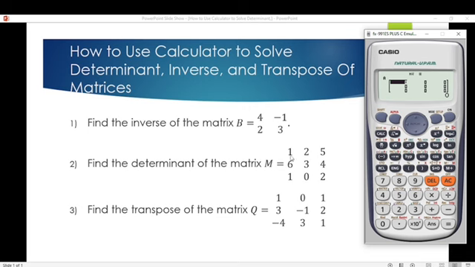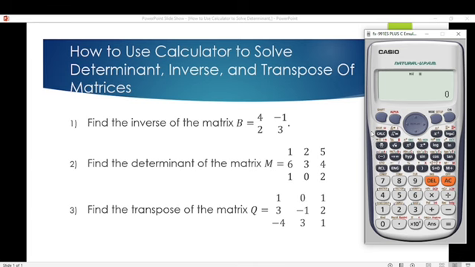We have our data, which is 1, equal to, 2, equal to, 5, equal to, 6, equal to, 3, equal to, 4, equal to, 1, equal to, 0, equal to, and 2, equal to. So we've been able to input the data into our calculator. After that, we press on AC.